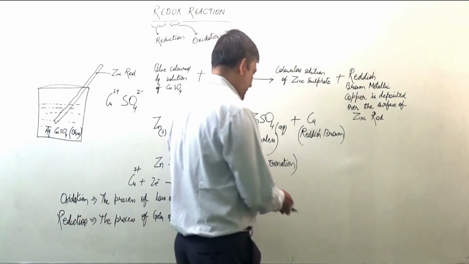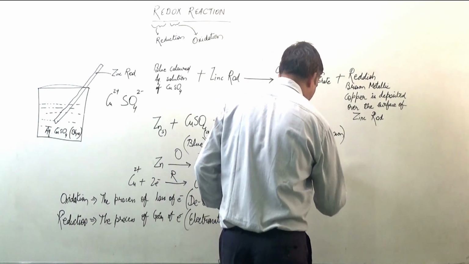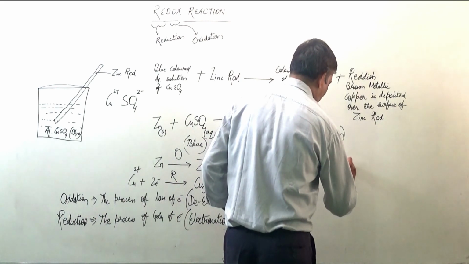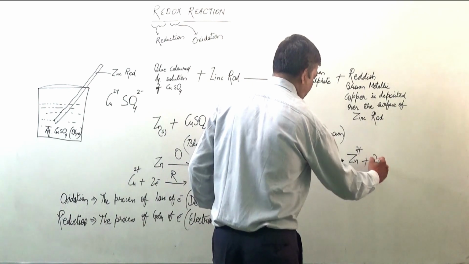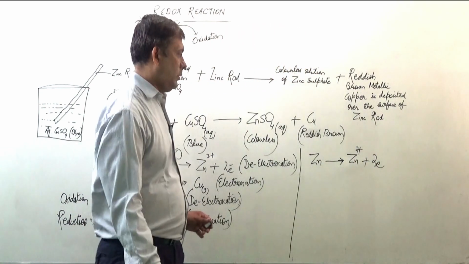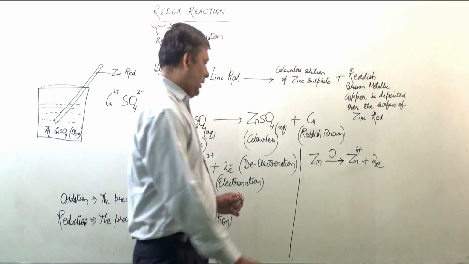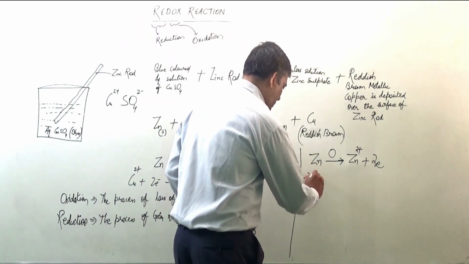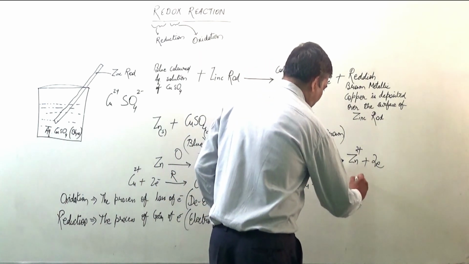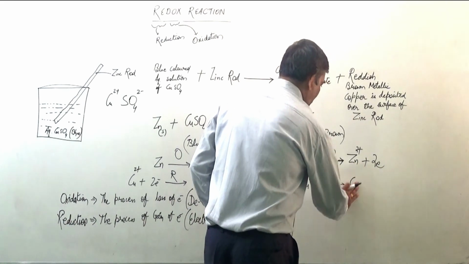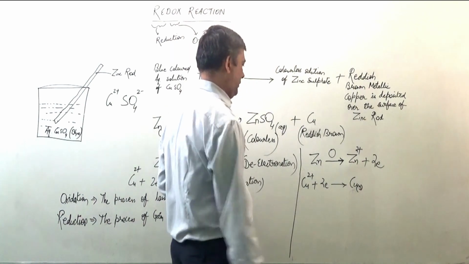Let me write this reaction once again. What is happening? Zinc is converted into zinc ion with the process of loss of electrons, undergoing the process of oxidation, and the copper ion is gaining the electrons and converted into solid copper.